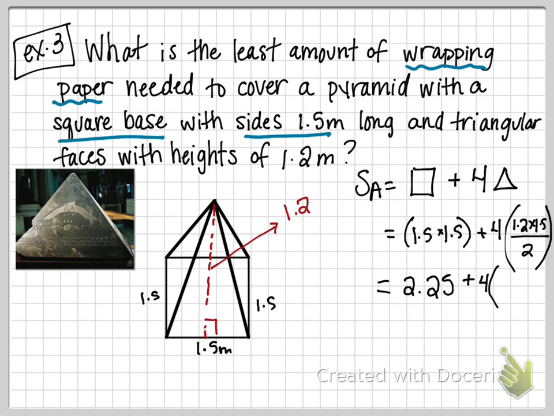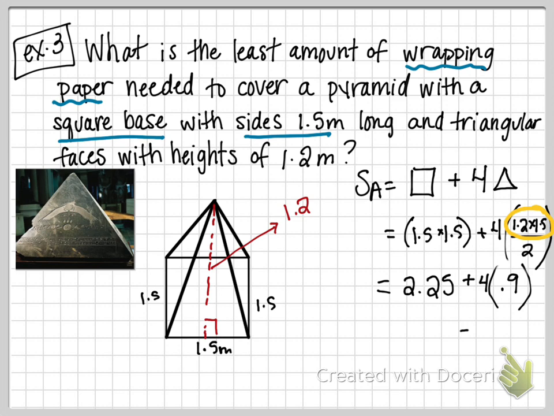Mine is squished, but if you're doing the work on your own paper, you would know what you're supposed to be doing. 1.2 times 1.5, do that first. 1.2 times 1.5 is 1.8. Divided by 2 is 0.9.